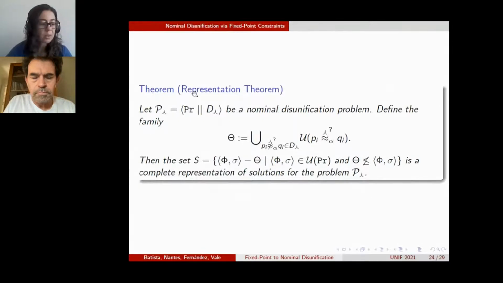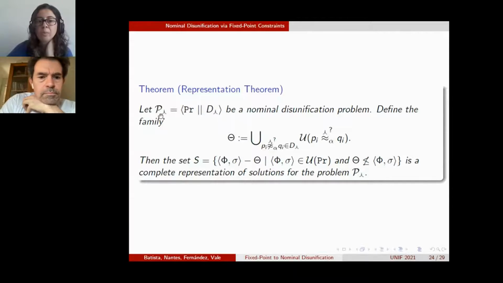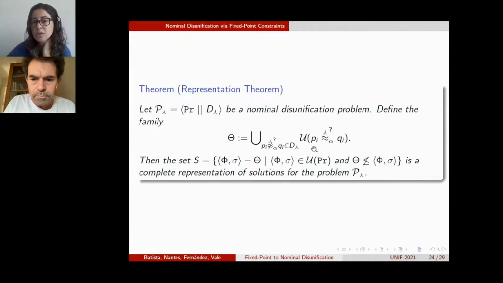So we have this main theorem, which is called the representation theorem. If you have a problem P, which consists of an equational part PR and a disequational part D, we define this theta as the union of the solutions of all the equations associated to the disequations. So basically for each disequation, I'm going to look at the associated equation, solve it, and remove the set of solutions, okay?